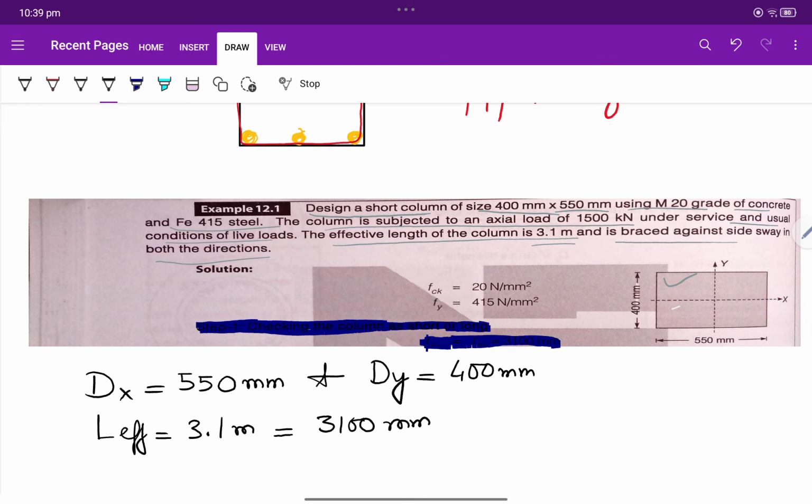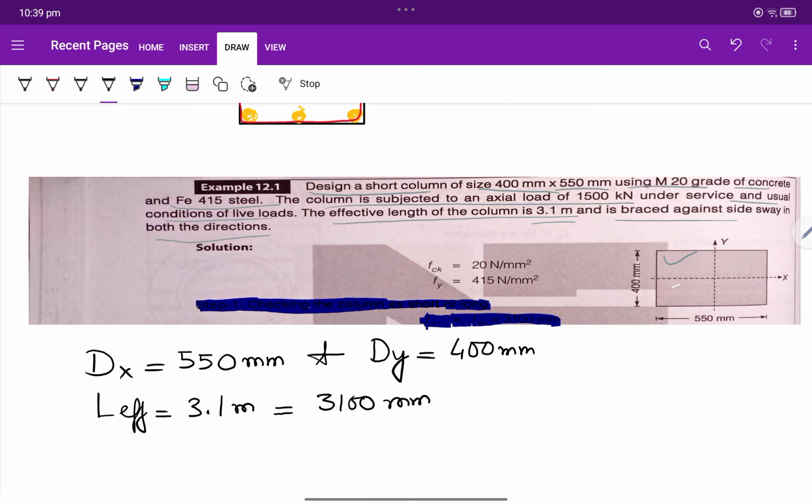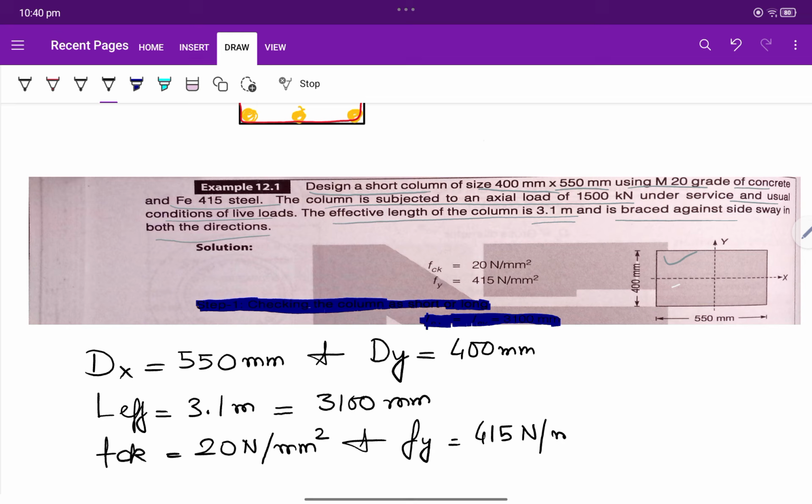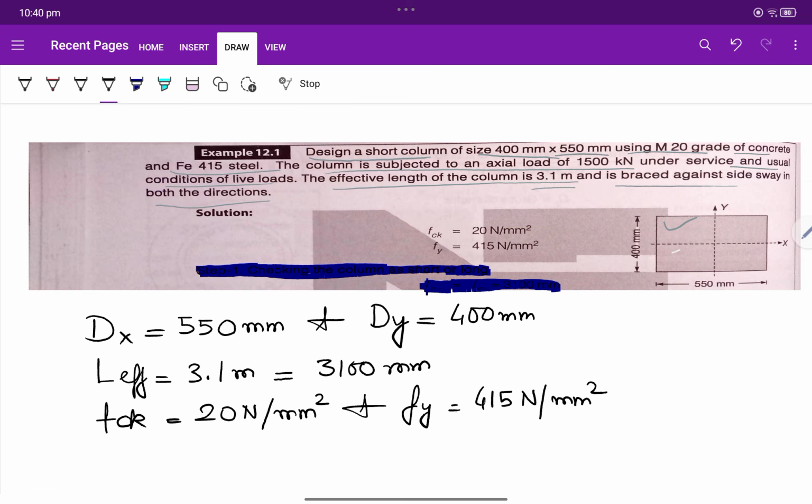The other things given are fck equal to 20 Newton per mm square, and fy is given as 415 Newton per mm square. The axial load is given, so we can write it as Pu, taken as 1500 kilonewton.